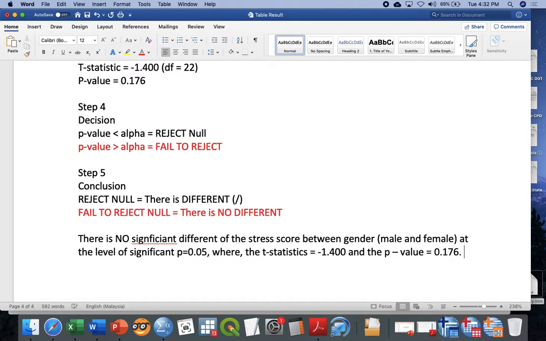The mean of male indicates a lower level as compared to female.